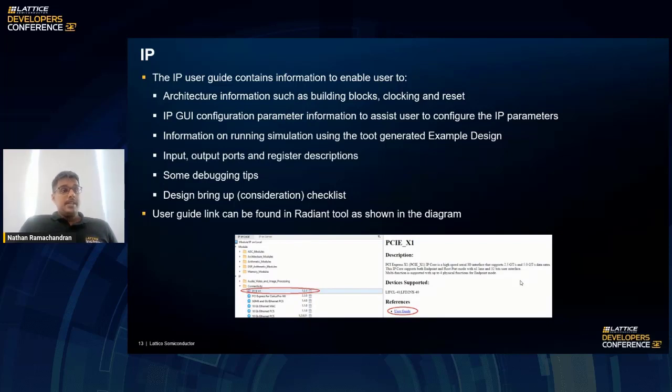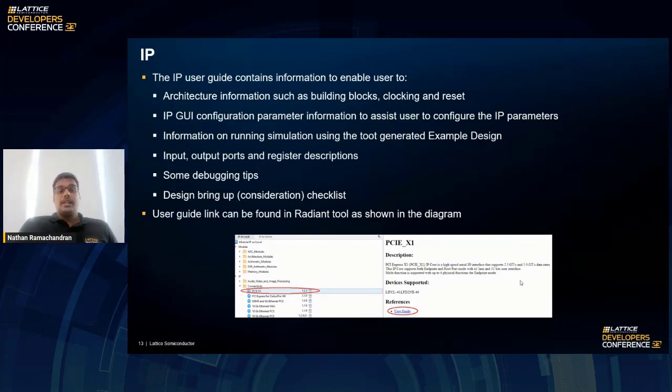What this user guide contains is architecture information such as building blocks, clocking, and reset. The second part is the IP GUI information, or the configuration of the IP GUI: what parameters you need to configure, and some tips on what selection is required. The third item is information on running simulation using the tool generated example design.